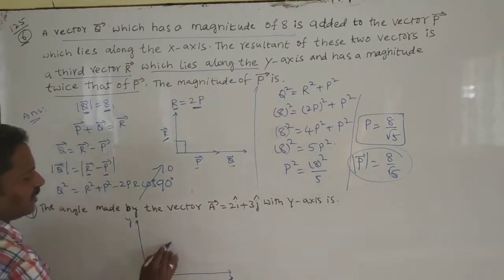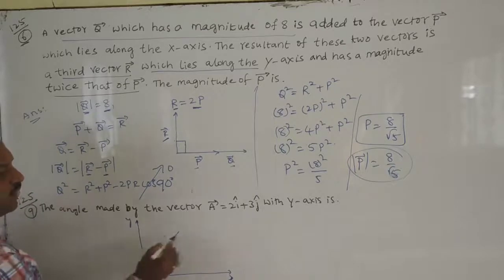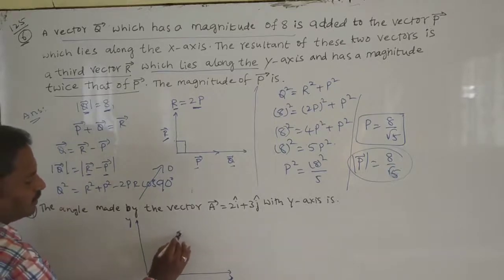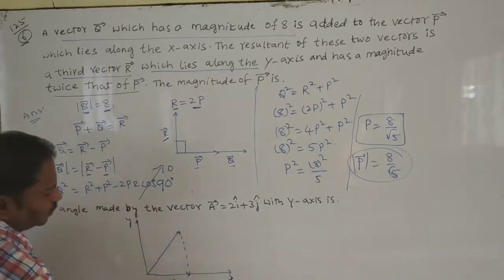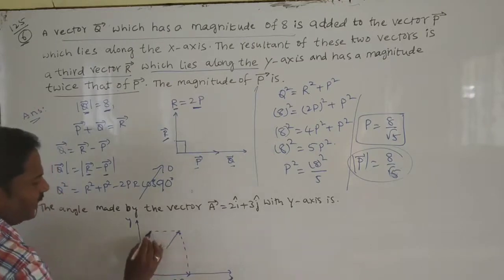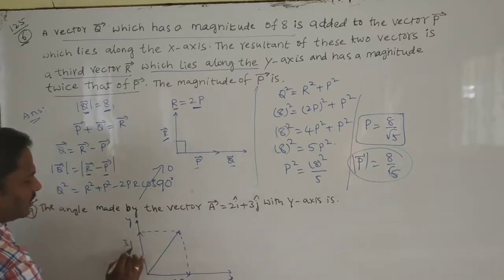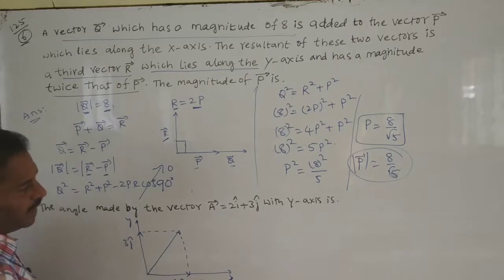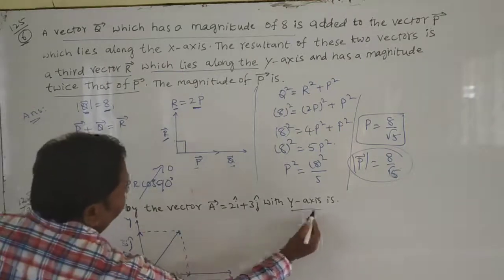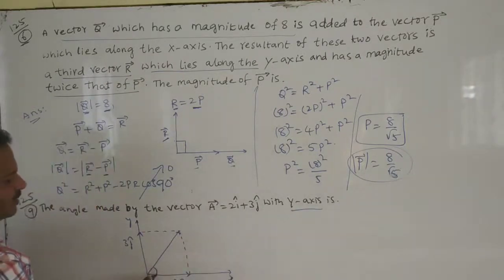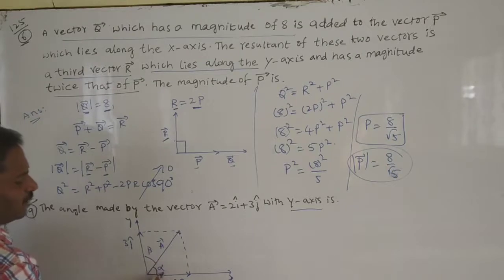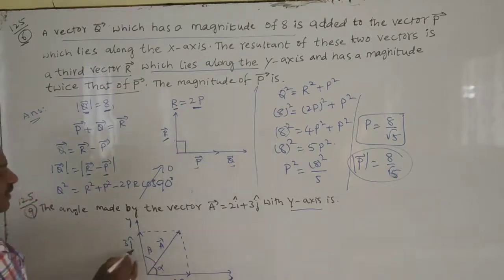This is the vector in the xy plane. Its x component is 2i cap, its y component is 3j cap. Let's say the angle with the x axis is alpha and with the y axis is beta. Its resultant A bar makes alpha with the x axis, beta with the y axis.